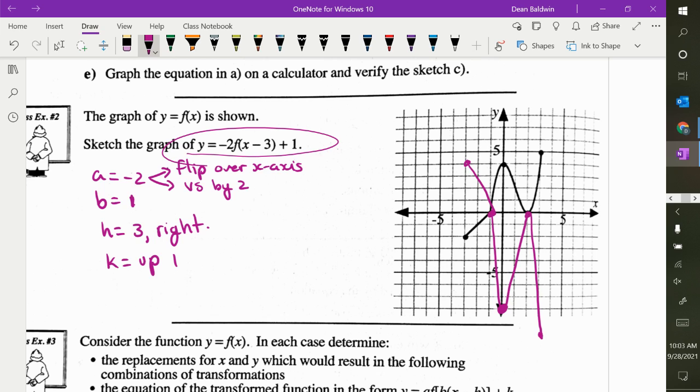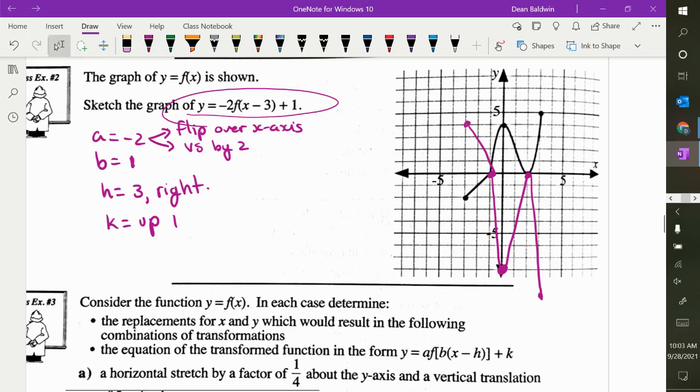Is everybody okay with that? Okay, what's the next step? That's the next step. Hold up. Yeah. So like right now. Oh, you already did it. Okay. Yeah. The final step is move it 3 right and 1 up, and you just move every point. Doesn't matter the order you do those in.